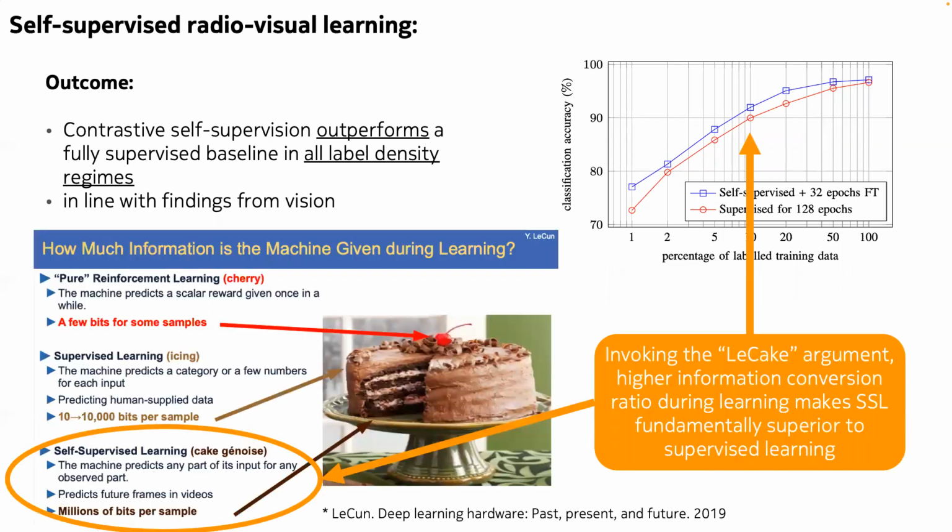In terms of main outcome of this investigation, we found that a sensing model trained by SSL on our dataset always outperforms a fully supervised baseline, regardless really of how many labels are available. This is in line with findings from vision SSL, and it can be understood by noting that SSL has fundamentally higher information conversion ratio during training compared to supervised learning.